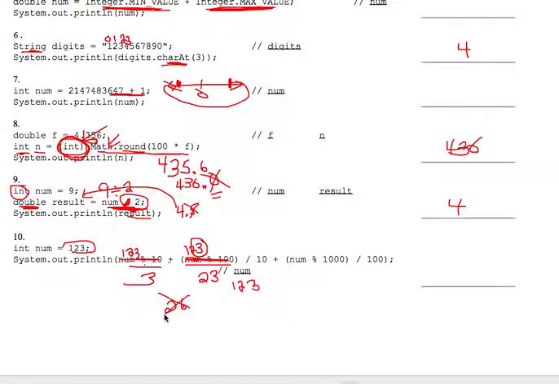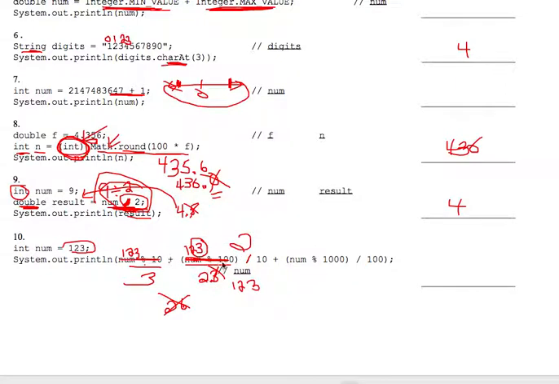Oh, but stop. This 23 needs to be divided by 10 before that plus. And 23 divided by 10, because it's integer division like we experienced up here, you're chopping off that 3 and it's turning into just 2. Because 23 divided by 10 is 2.3, but because it's integer division, you're chopping off the 3.